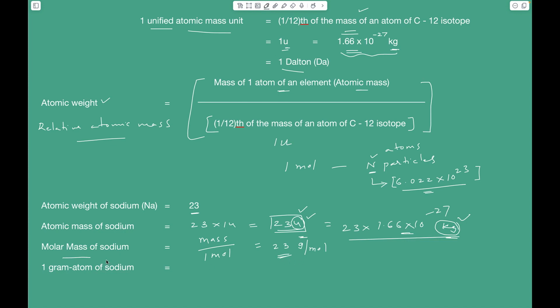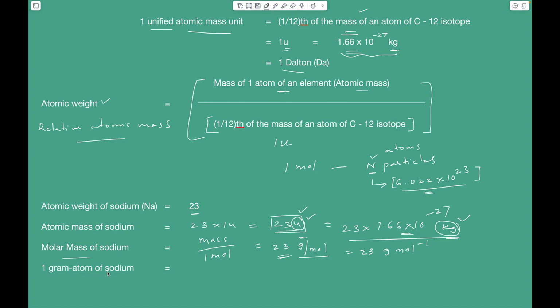So the molar mass of sodium is simply equal to its atomic weight expressed in grams per mole, because sodium is composed of sodium atoms. So what is the molar mass of sodium? It is 23 grams per mole.